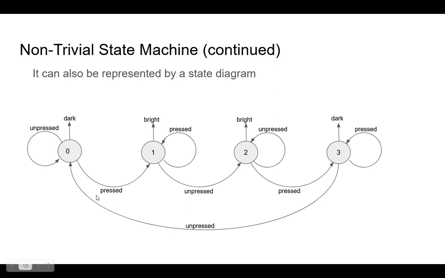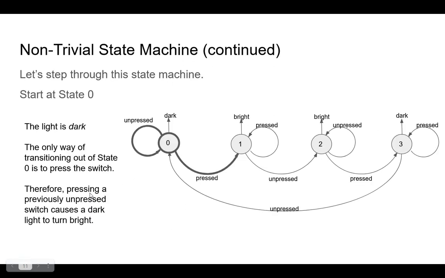So let's go through this step by step. Let's assume that we start in state 0. By the way, you could start in any state, but you have to start somewhere. If we're in state 0, the light is going to be dark, and if we are unpressed, we stay in state 0. So the light's going to stay dark as long as we're unpressed.